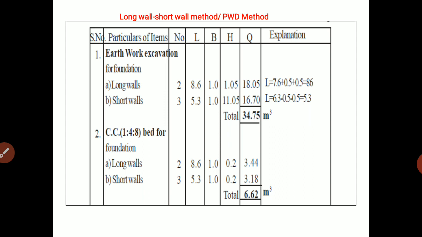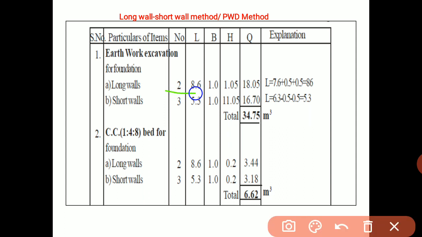Then what we are going to do next is multiply all these 3 or 4 columns. Number means the number of long walls. So length, width and height will give the quantity in cubic meter. So this is the earthwork in excavation.